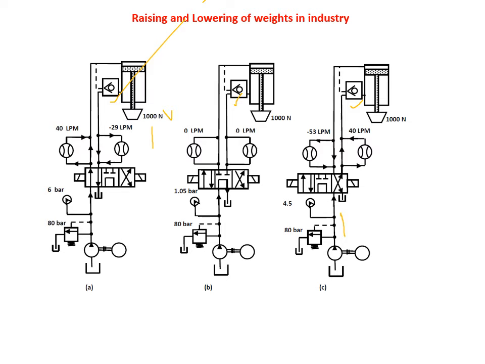From the cap end side of the actuator, fluid will go to the tank. So this indicates raising of the load. So this is how raising, lowering, holding and raising of the load is possible using direction control valve.